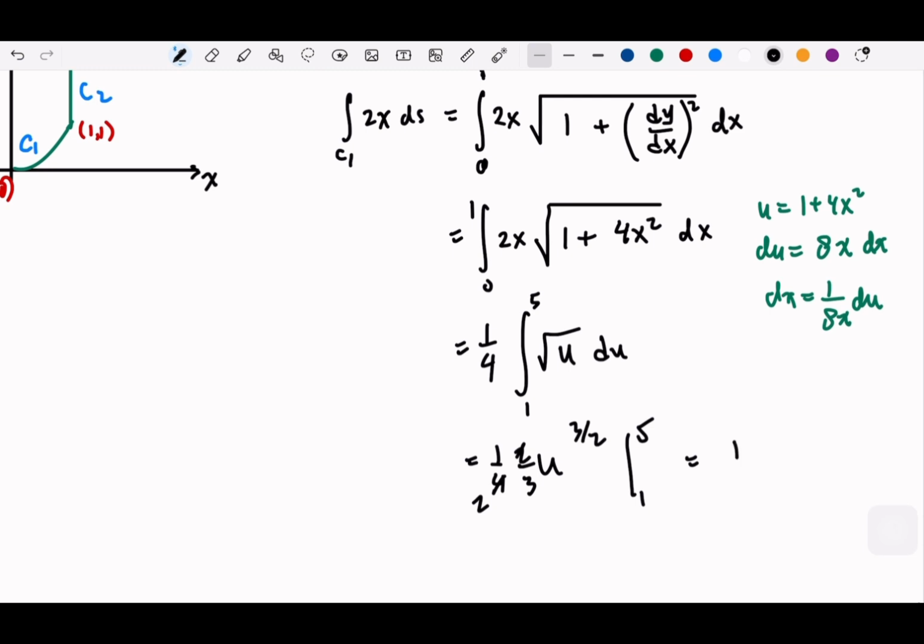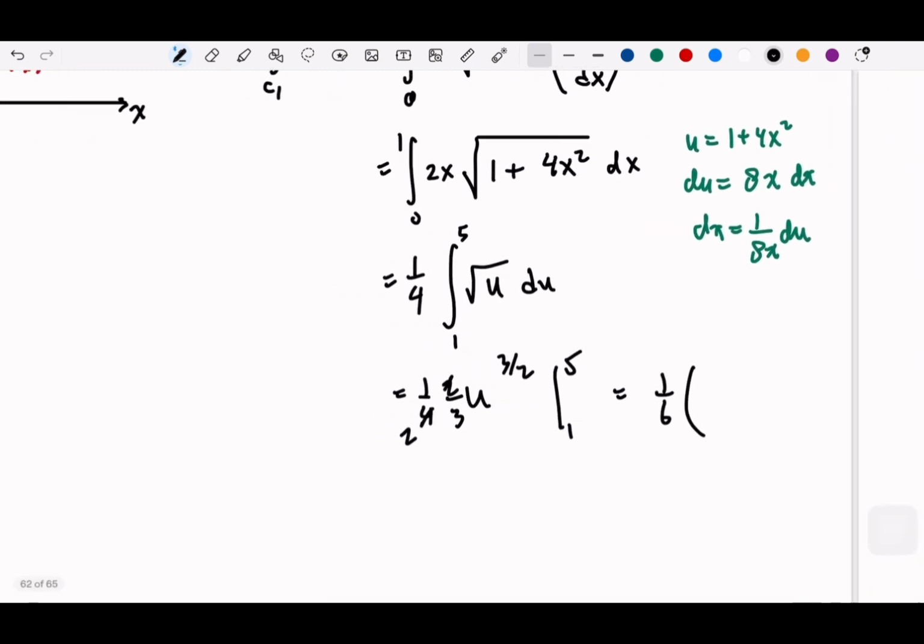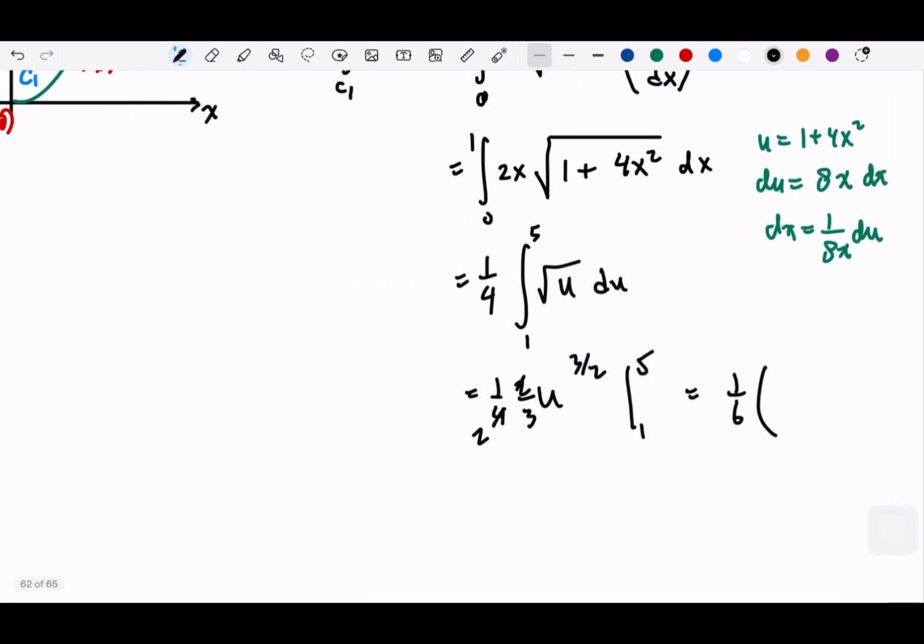This will be 1 over 6 times 5 to the 3 over 2 minus 1.